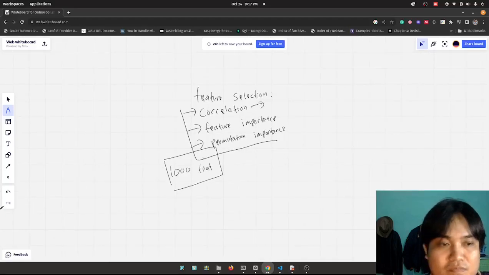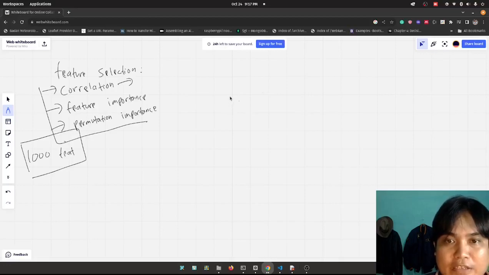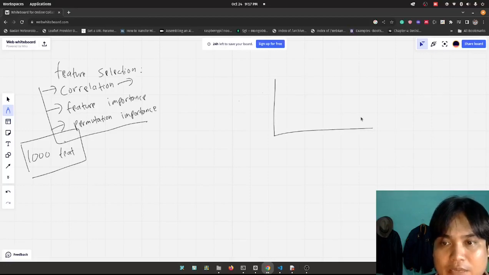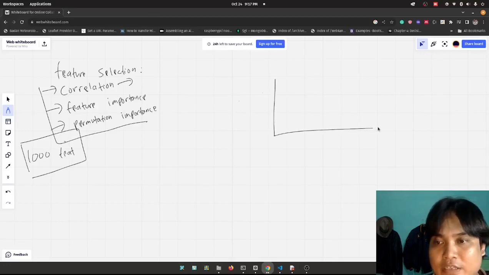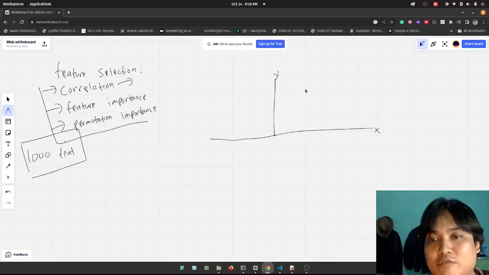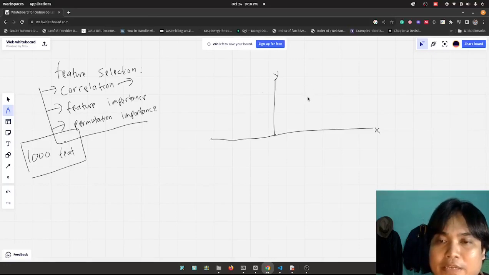Okay, correlation is like this. For example, you have one feature and a target or label. The feature is in X and the target or label is in Y. So when we plot the feature and the label in a scatter plot, for example, it will become like this.